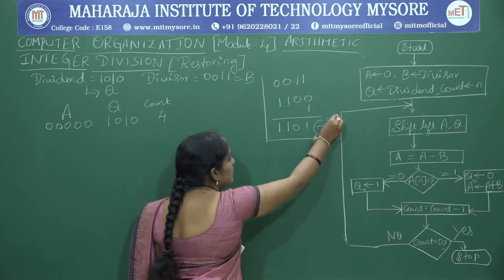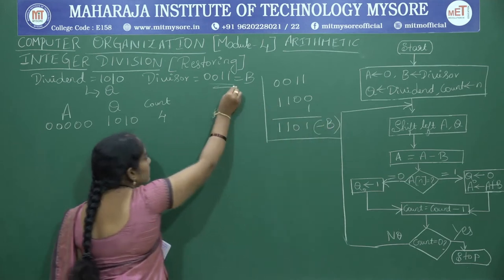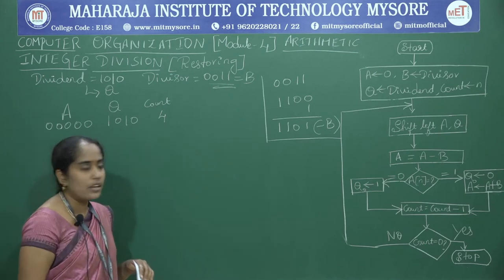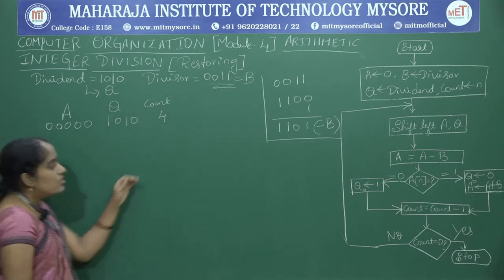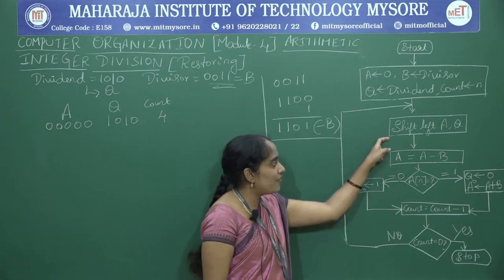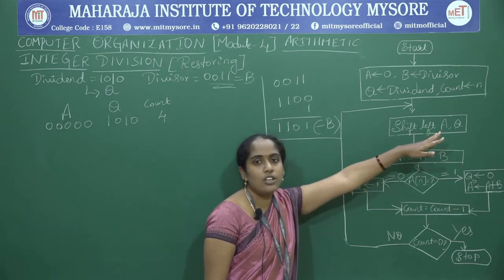Okay, this is minus B and this is B plus B. Now, what is the next step? Shift left A and Q value.